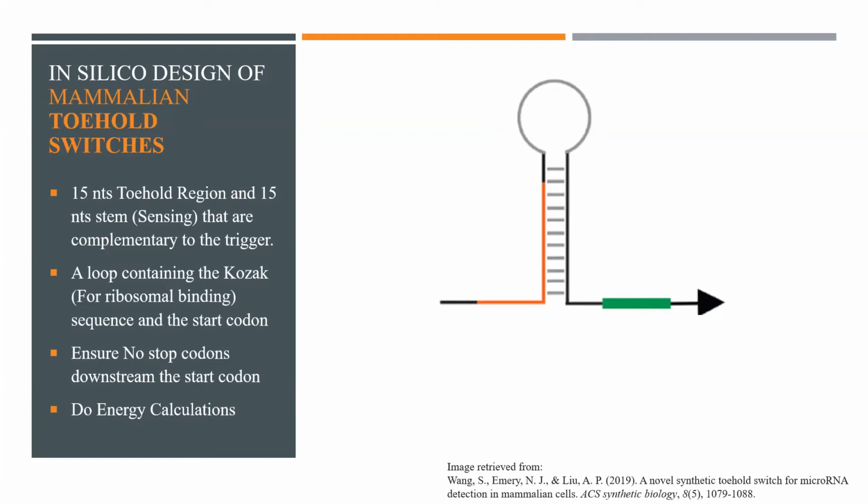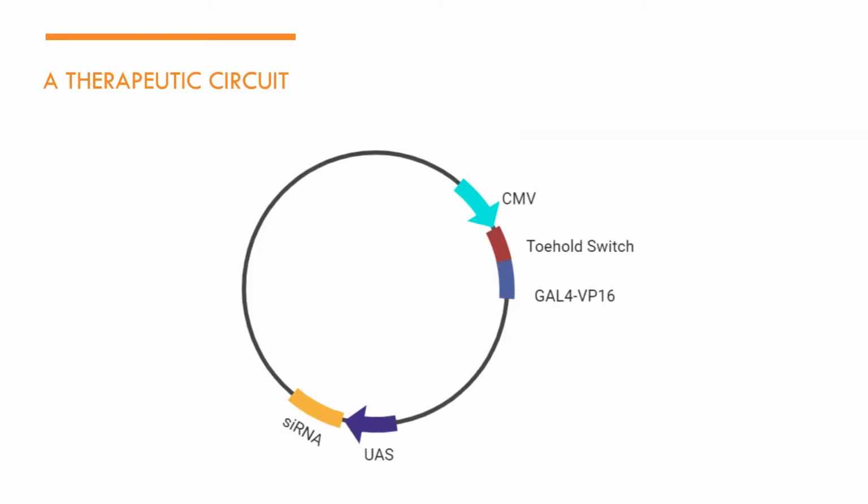But the predictions most of the time fail because predictions based on free energy are not that efficient. You design as many toehold switches as possible, and then you test all of them in vitro and find the best performing toehold switches. So let's get into the circuit.